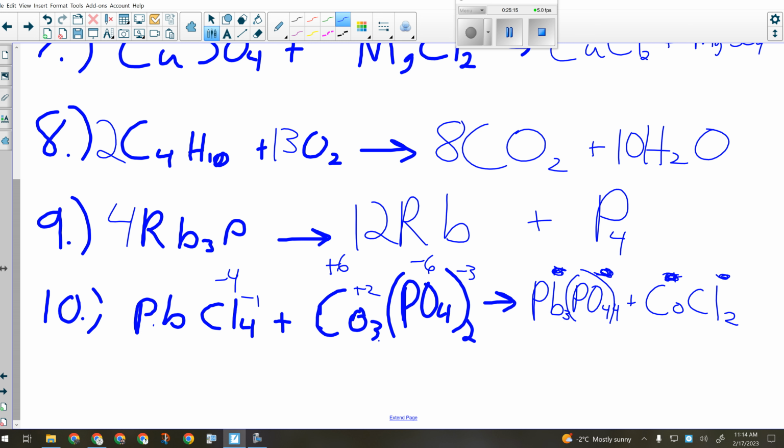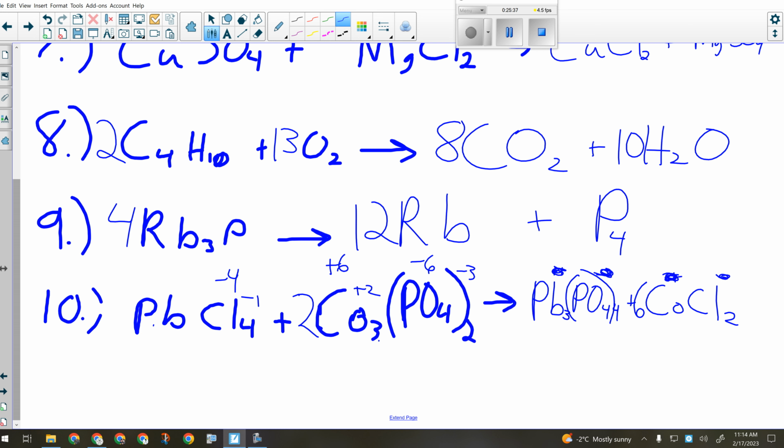So I've got 4 phosphates over there, so what am I going to have to put in front of this to get 4 phosphates? A 2, yeah. 2 times 2 is now 4. When I put that 2 there, it gives me 6 cobalts.